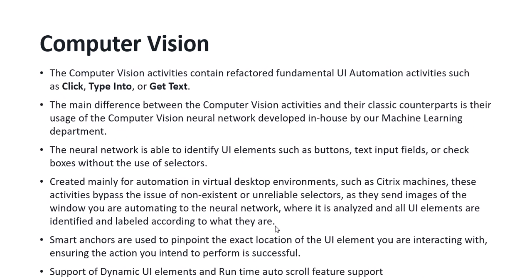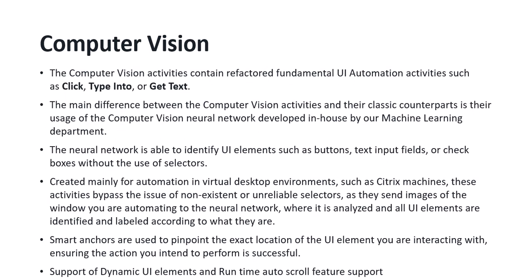How this works is, whatever part of the application or full screen of the virtual desktop you want to automate, you need to tell the computer vision activity, okay, I want to automate this particular part. It will take an image or screenshot of that particular part and send it to the UiPath neural network.